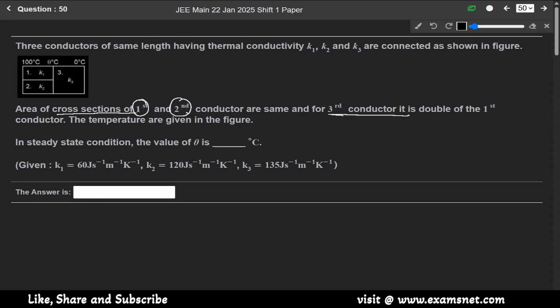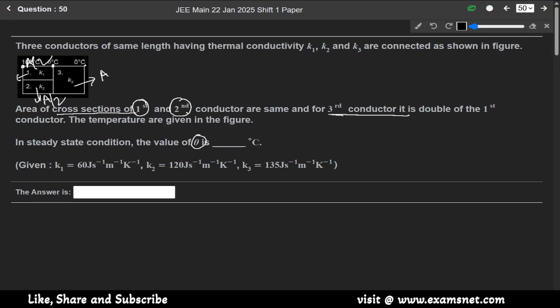So let us say third one is having area A. So first one will have area A by 2 and second will also have area A by 2. Here the temperatures are 100 degrees Celsius, theta degrees Celsius and 0 degrees Celsius. So we have to find the value of theta.